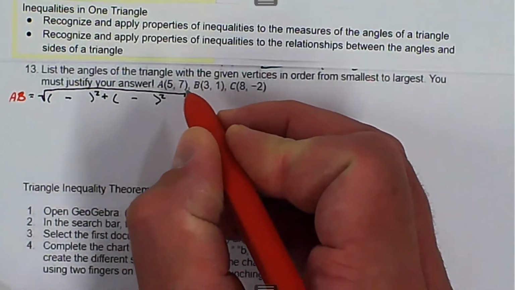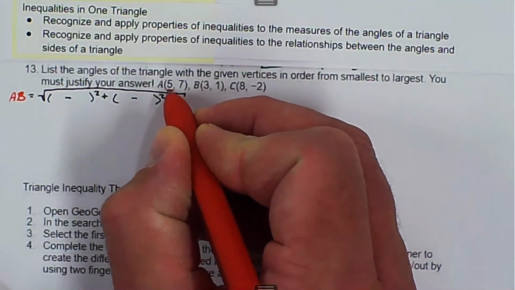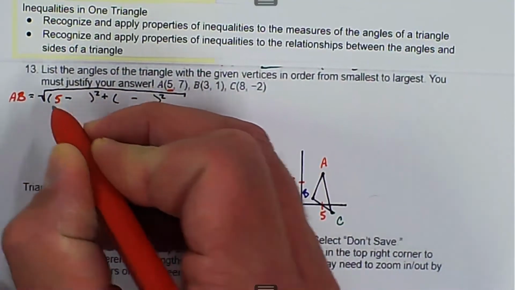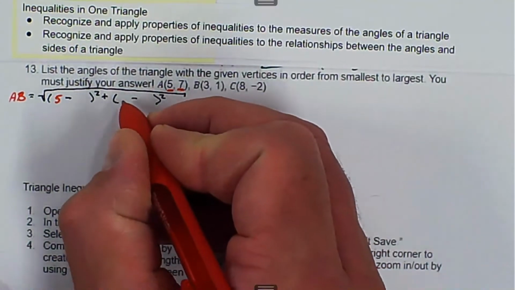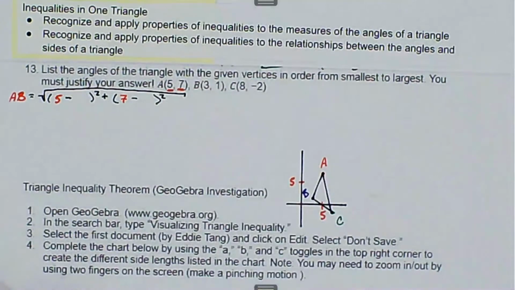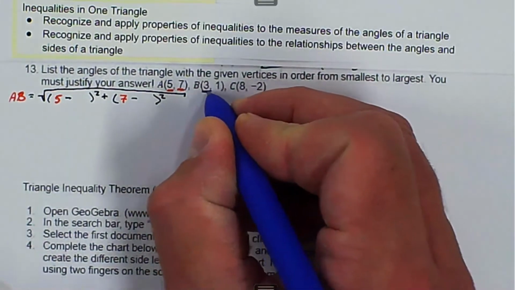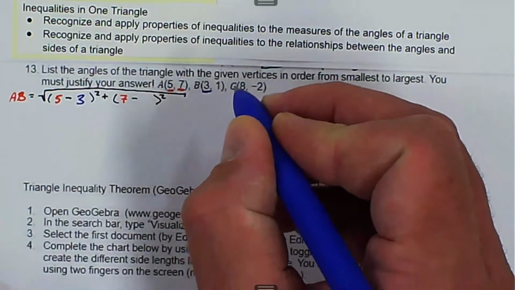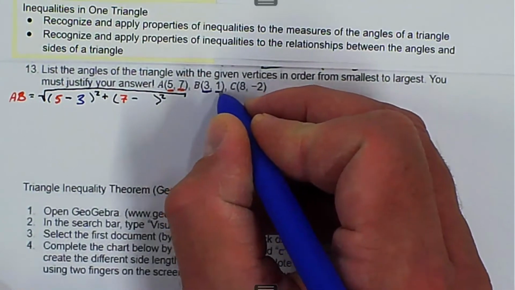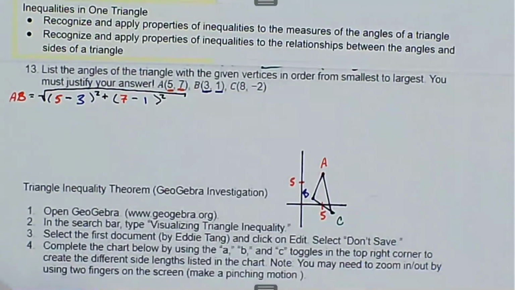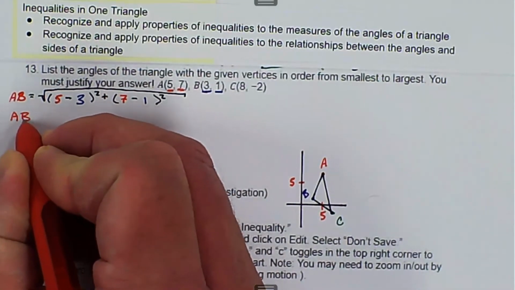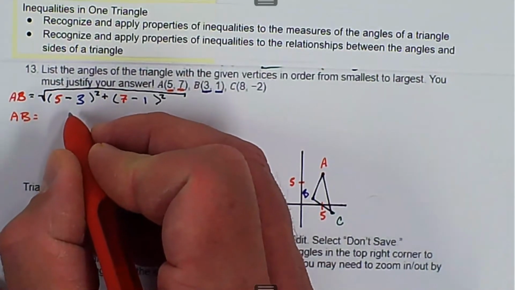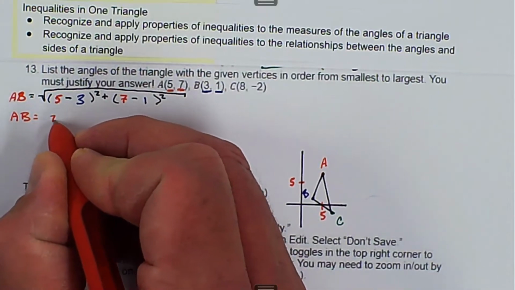So my A values are, the X value is 5 and the Y value is 7. For B, my X value is 3 and my Y value is 1. So we can go ahead and simplify AB. AB is equal to 5 minus 3 is 2.